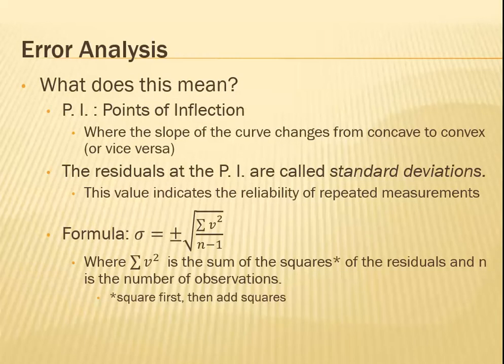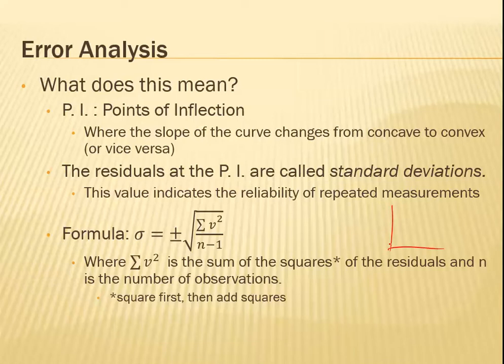So again, what does this mean? The point of inflection is where the slope of the curve changes from concave to convex, or vice versa. The residuals at the PI are called standard deviations, and this value indicates the reliability of repeated measurements. Remember we were talking about the distance.